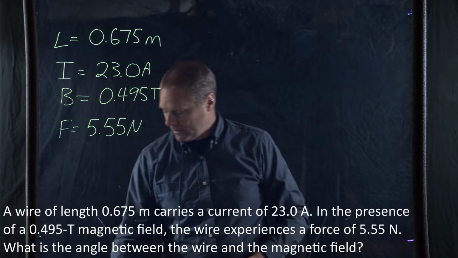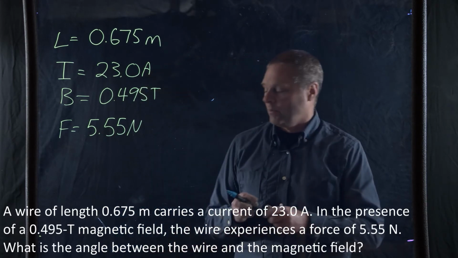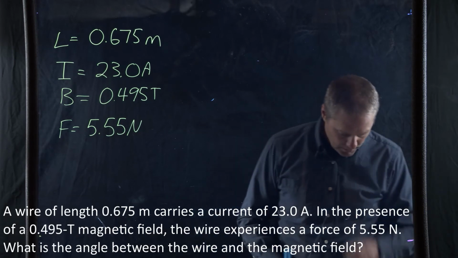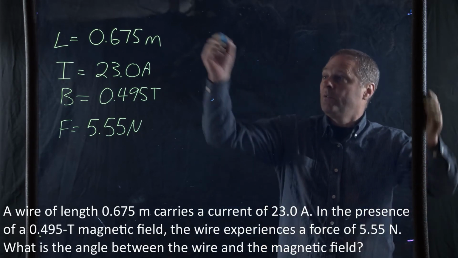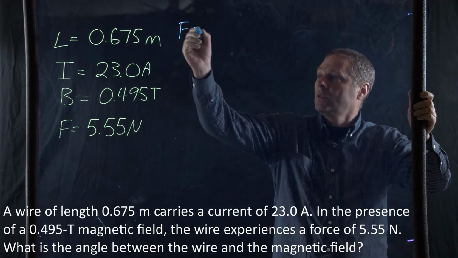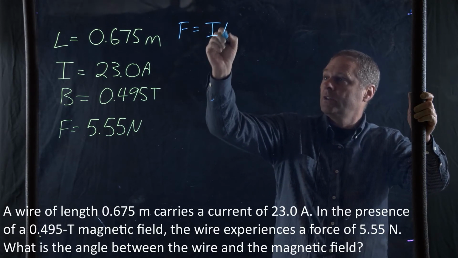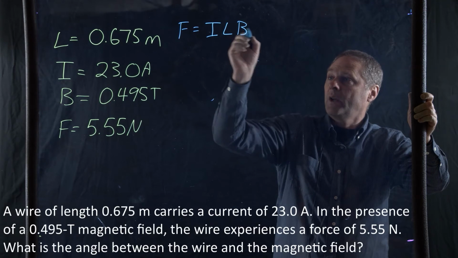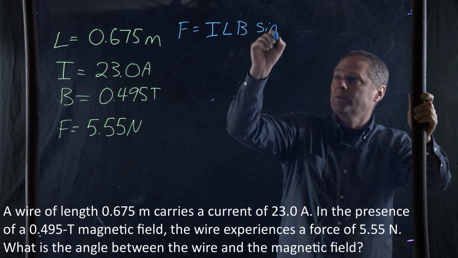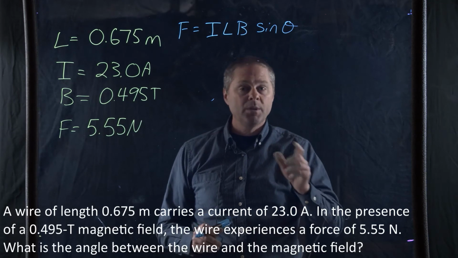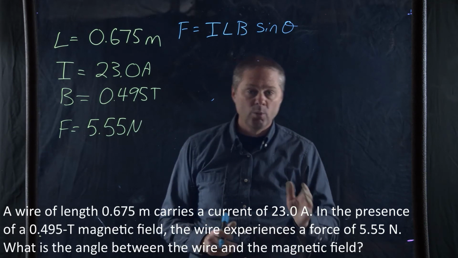So if we look, we have the following equation. Our force is equal to our current times the length of wire times the magnetic field times the sine of theta. The angle is going to be between the magnetic field and the conducting wire.